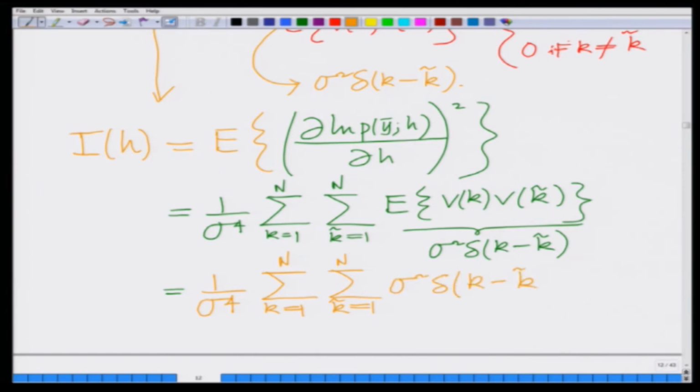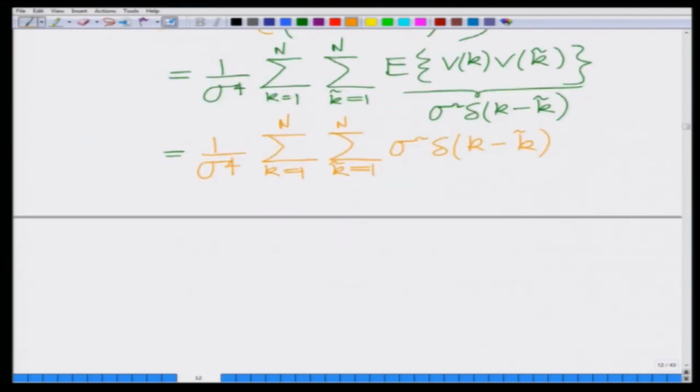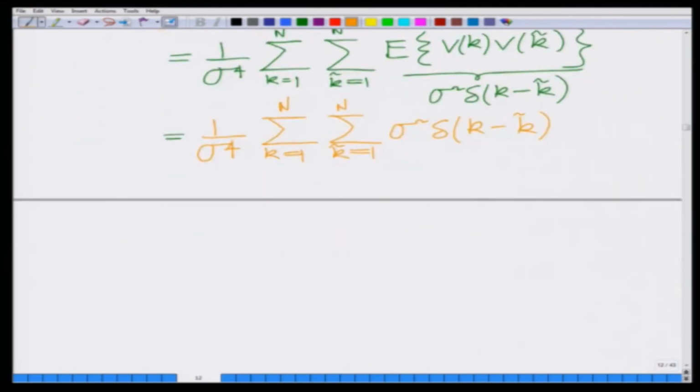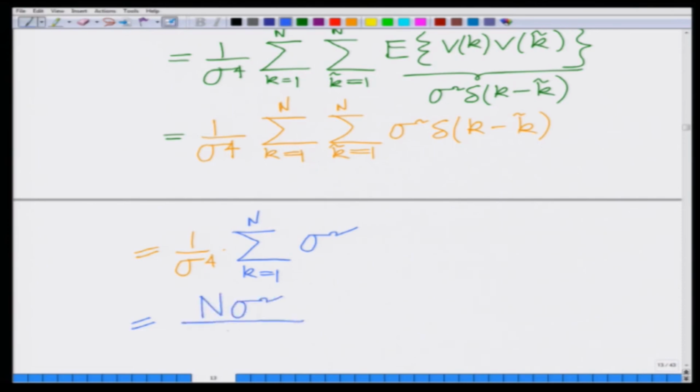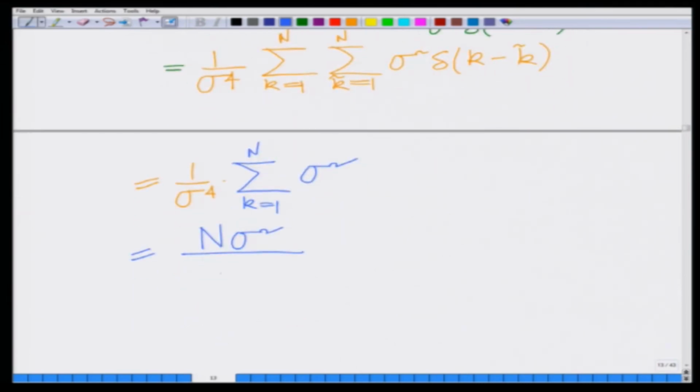This means that in the summation over k tilde from 1 to n, only the term corresponding to k tilde equals k will survive. So this is 1 over sigma to the power of 4, summation k equals 1 to n of sigma square, which is n times sigma square divided by sigma to the power of 4.